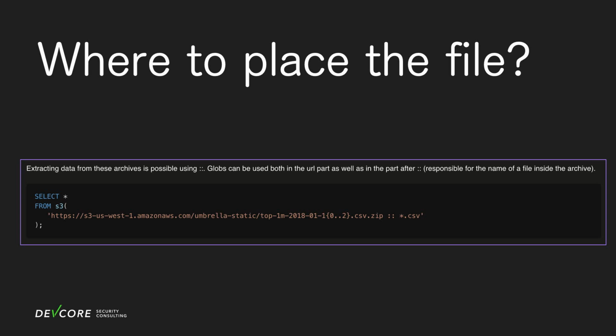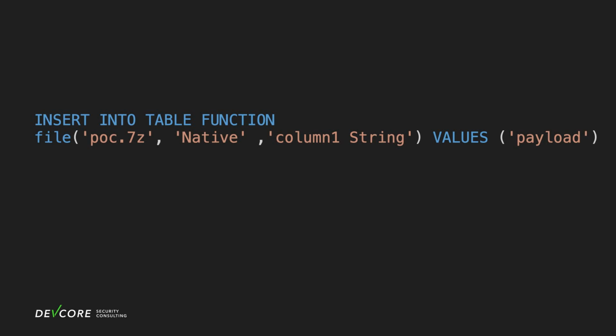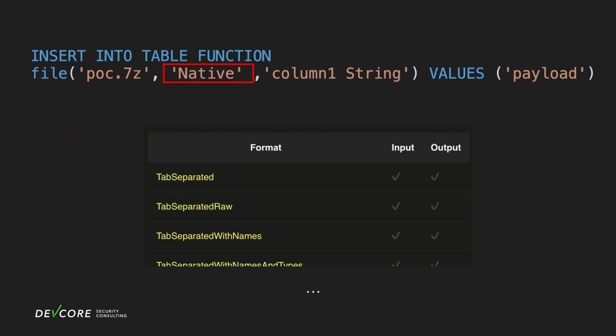Okay, so let's skip this part. It's just some ClickHouse trick. In ClickHouse, you can create a file, but it has some metadata. So if you want Libarchive to consider your file an RAR file, you don't want this metadata. But we can select the file format at the second argument.